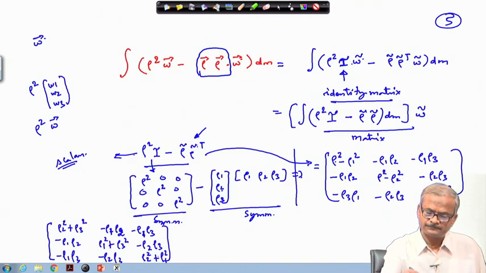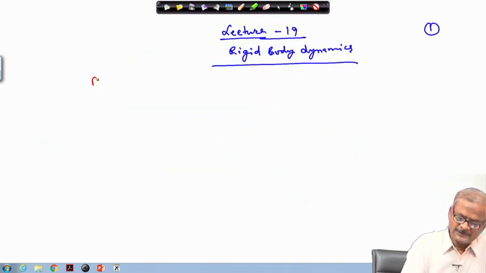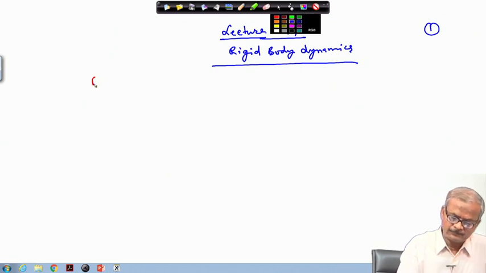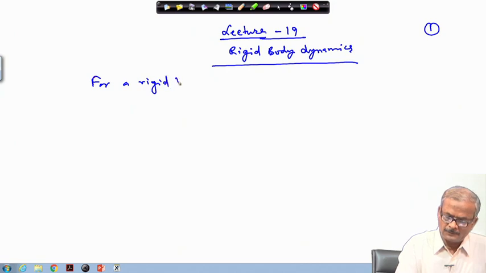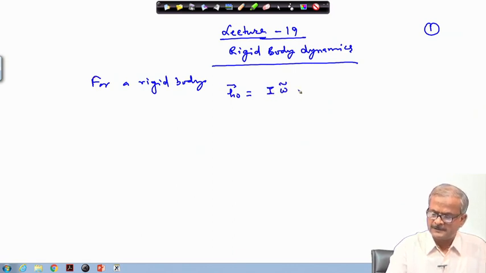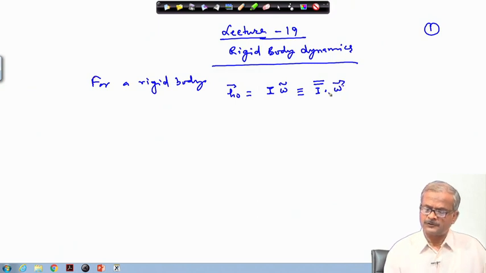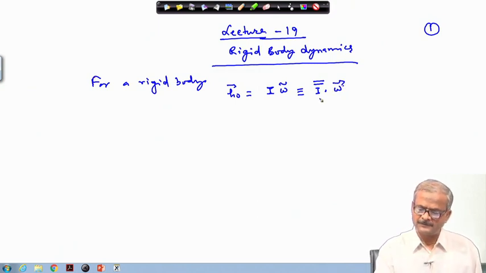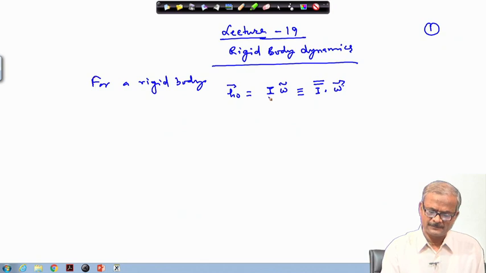And therefore, for a rigid body we can write H 0 equal to I times omega tilde, and equivalently in terms of I double bar dot omega. This is the inertia dyadic and this is the inertia matrix.